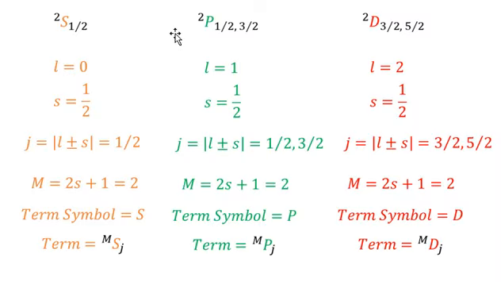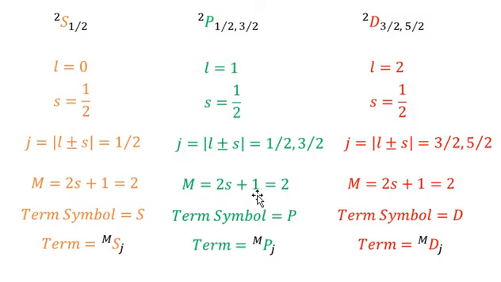So let me now explain this 2P1/2 and 3/2. For the p terms, the orbital angular momentum L is equal to 1. Again, since only one valence electron is involved, we have S equal to 1/2. The total angular momentum of the atom is J equal to mod of L plus minus S. If you put L equal to 1 and S equal to 1/2 and add them with plus minus sign, you will get 1/2 and 3/2.